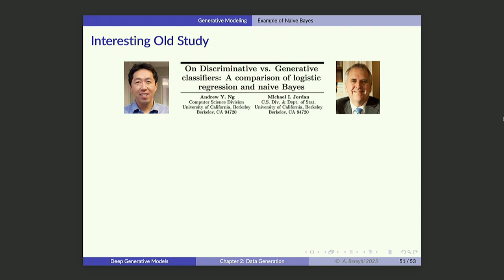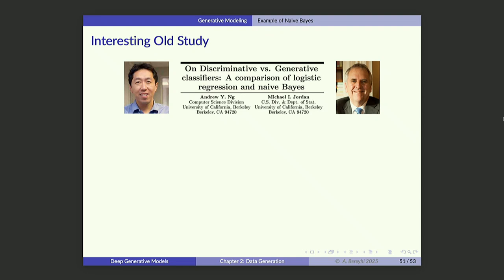If you want to think about the simplest way of thinking generative or discriminative about a problem, then generative is naive Bayes and discriminative is logistic regression, a linear model. Let us compare these two and see which one outperforms the other.